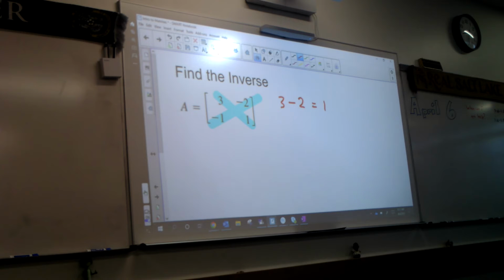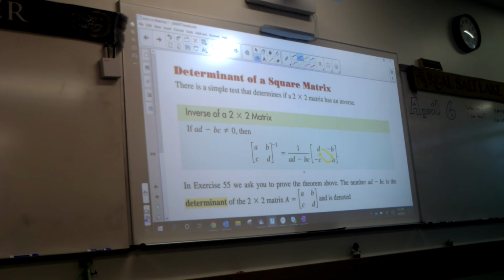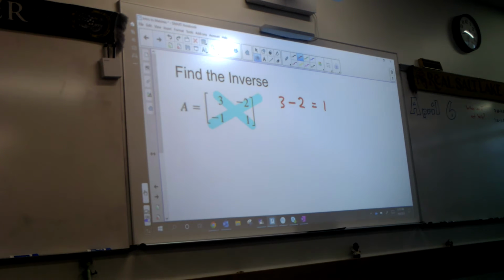We like it when the determinant is 1, and I'll show you why. So, according to this formula, we're going to do 1 over our determinant, which is 1. What's 1 over 1? It's just 1, and does multiplying by 1 change anything? No. Now, this is the inverse that we're finding, so A to the negative 1. So this was A, and its inverse. We're going to do the determinant, and then what did we change in the matrix?